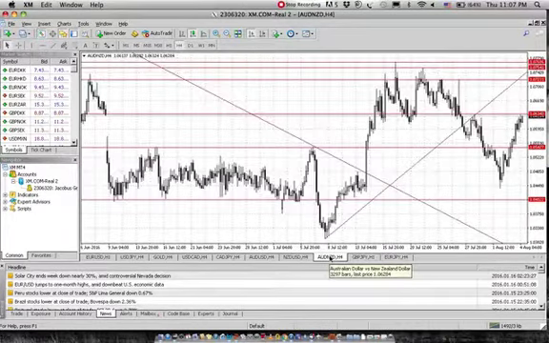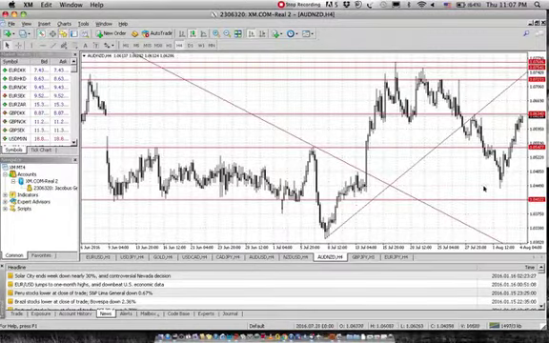Australian dollar, New Zealand dollar. We can see that the market came down, not touching this level at all, moved back up, and is now presenting us with a possible bullish trading opportunity here.